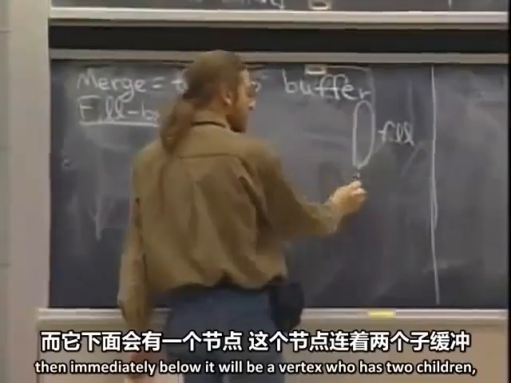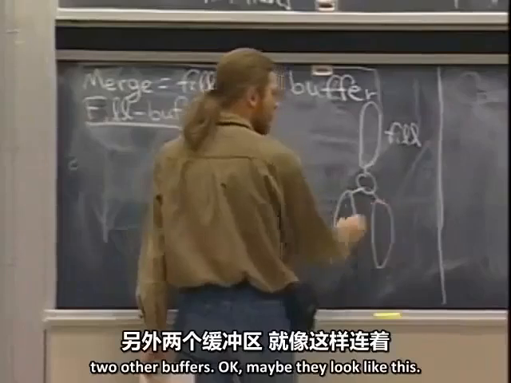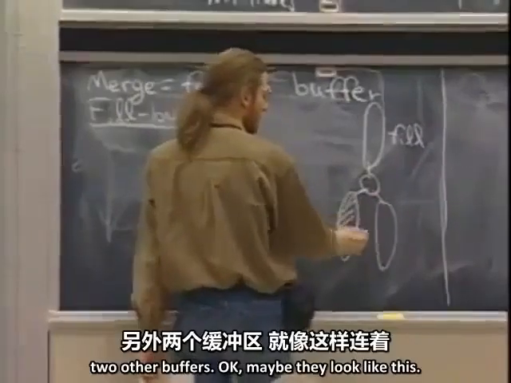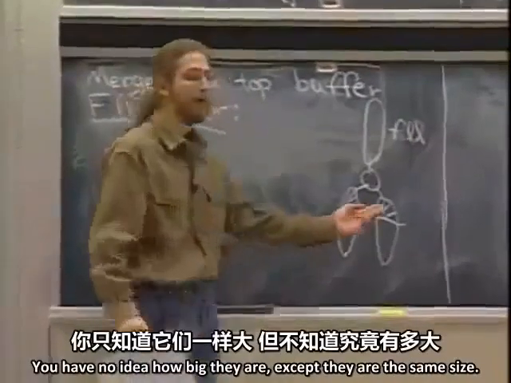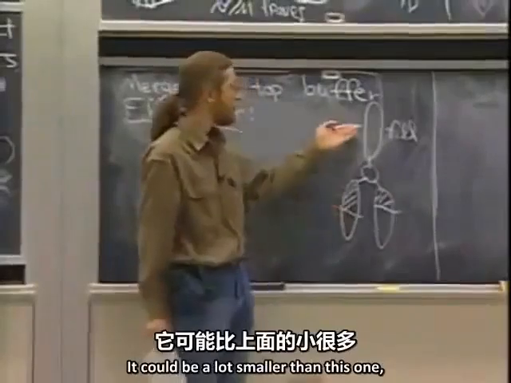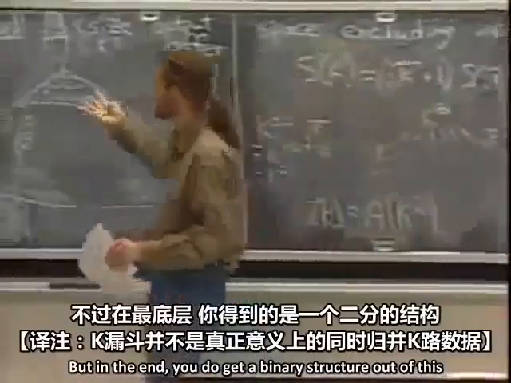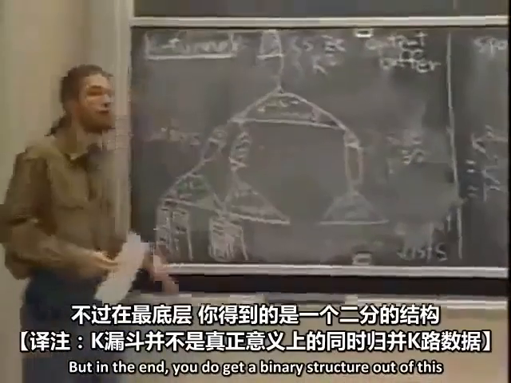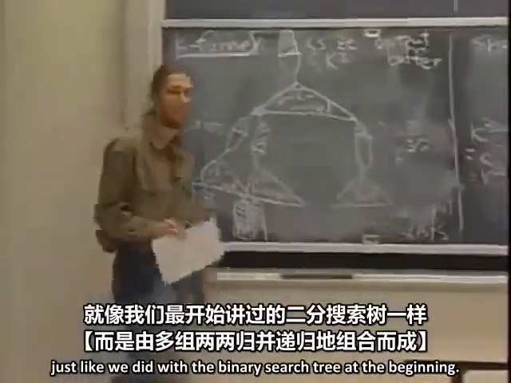then immediately below it will be a vertex who has two children, two other buffers. Maybe they look like this. You have no idea how big they are, except they're the same size. They could be a lot smaller than this one, a lot bigger. We don't know. But in the end, you do get a binary structure out of this, just like we did with the binary search tree at the beginning.